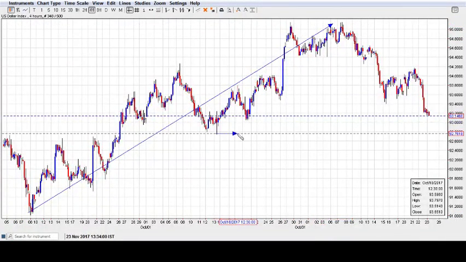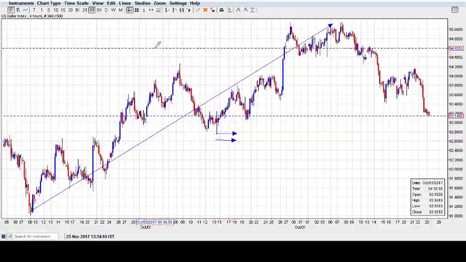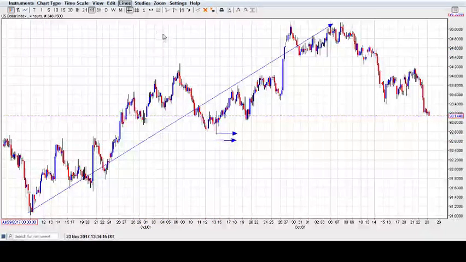A very strong support just in the vicinity of the Fibonacci 61.8% is coming right across 92.80, and I would say 92.60, which is the Fibonacci 61.8%.